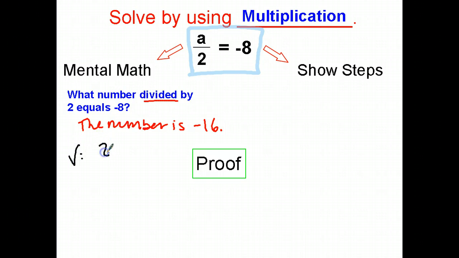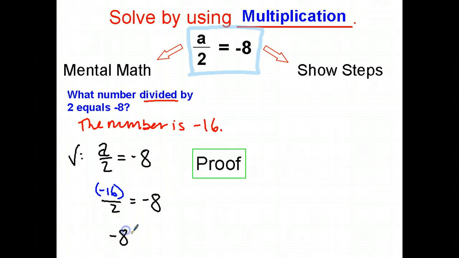So we're going to copy down the original equation, a divided by 2 equals negative 8. And then we're going to put in our solution, which we got was negative 16. And negative 16 divided by 2 equals negative 8, which tells us that our solution was a pretty darn good answer.